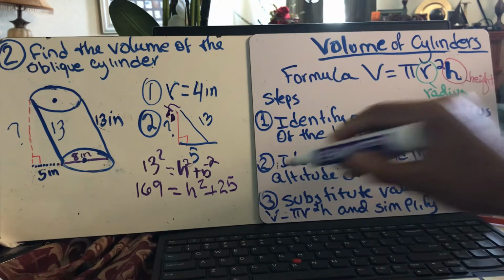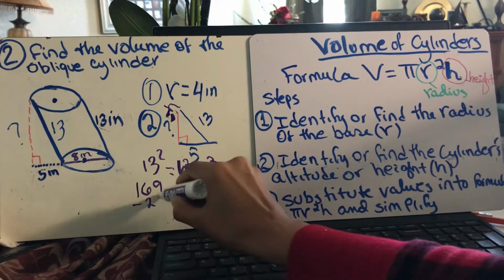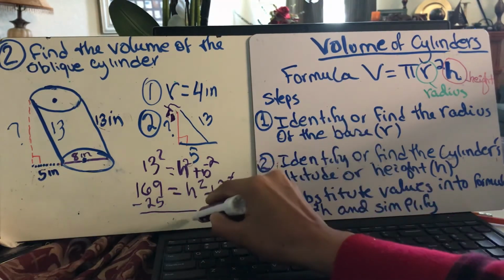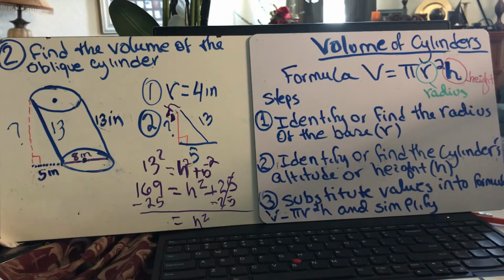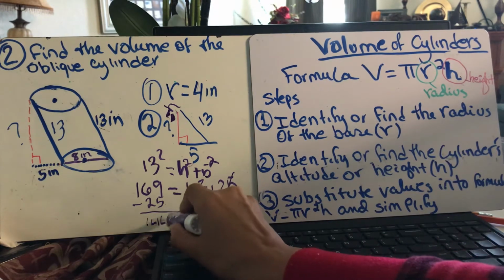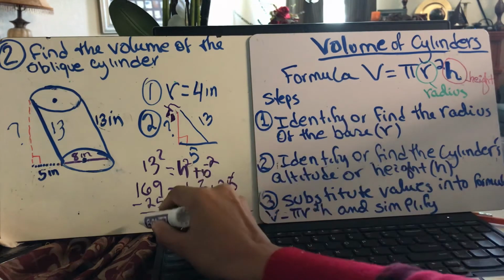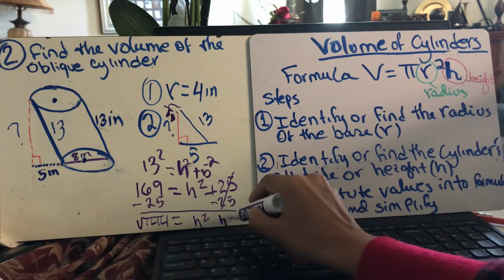Then I'm going to subtract 25 from both sides of the equation. I have h squared equal to 169 minus 25, which is 144. Then I take the square root of 144. h is 12.